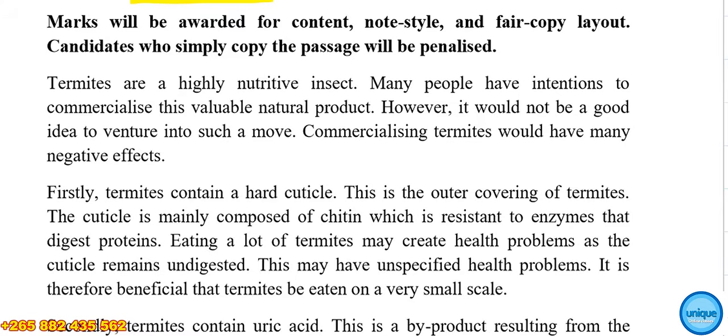Not style, style as in the arrangement. Those also have marks. Also fair copy layout. Now candidates who simply copy the passage will be penalized. That means don't just copy anything and put it in your answer, because they will not give you marks, so you can lose marks, right?